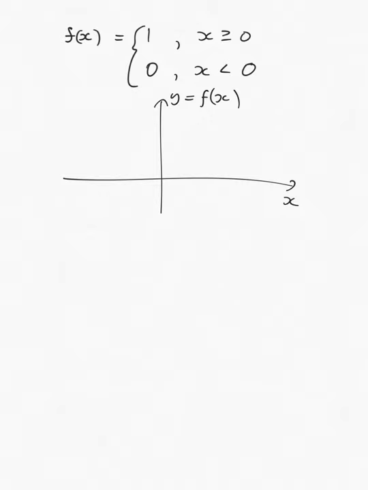If I plot it in red, from x equal to 0, it's 1 here, and it's 1 everywhere bigger, and for x less than that, it's 0. So the function looks like that. So there's a big jump there at x equal to 0. So the question is, what is the limit of that function as x tends to 0?